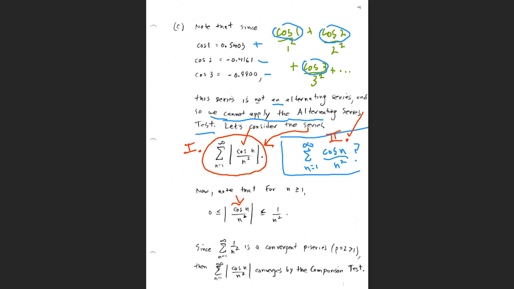So the absolute value of cosine of n over n squared is less than or equal to 1 over n squared. The series 1 over n squared is a convergent p-series, because p equals 2, which is greater than 1. And so the series where the terms are the absolute value of cosine of n over n squared would have to converge by the comparison test.